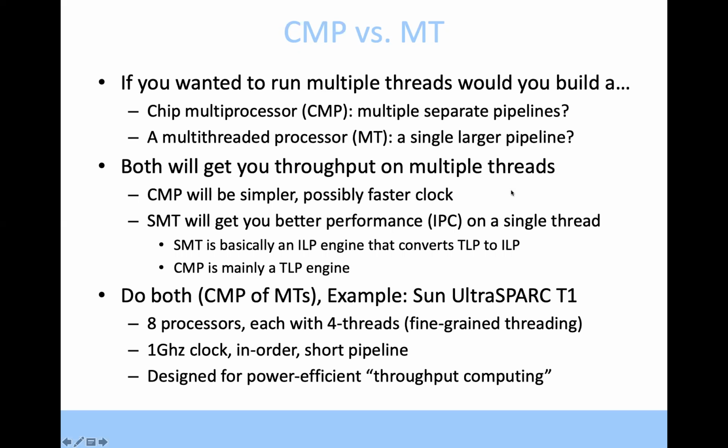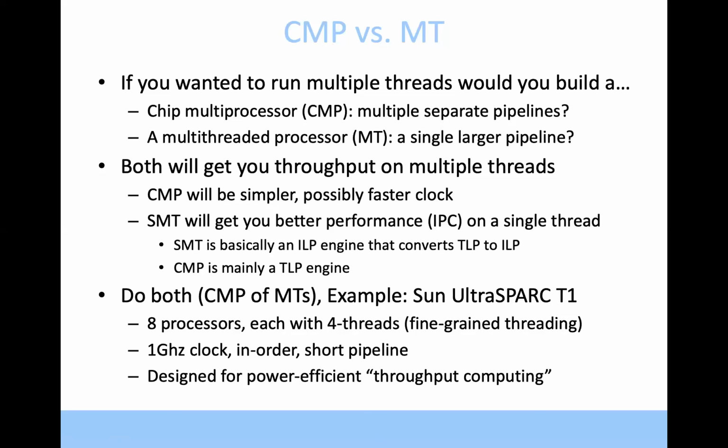The CMP will mean that you have simpler, possibly faster clocks, so you have smaller things, and then each of those single cores will be multi-threaded, which gives you the ability to translate thread-level parallelism into instruction-level parallelism. So you get the benefit of both types of parallelism.